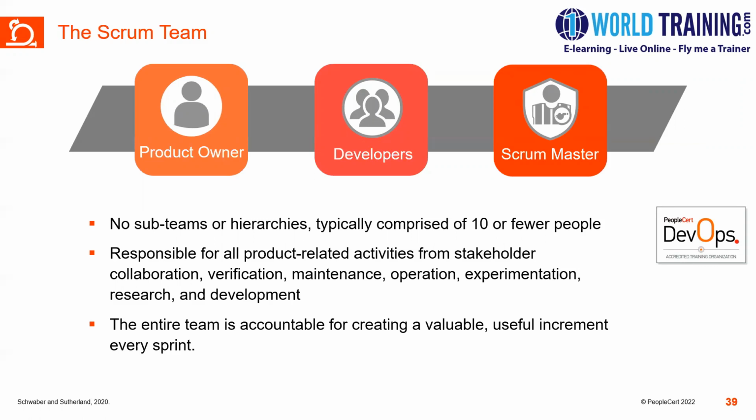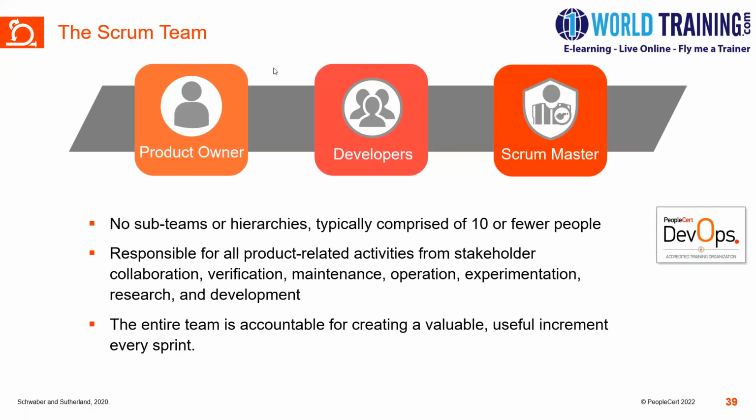Now the responsibility for all the product related activities, which includes stakeholder collaboration, verification, maintenance, operational work, experimentation or research, or the development work, has to be carried out by these three roles defined in Scrum. The product owner, developers, and Scrum Master are responsible for carrying out each and every activity in Scrum.